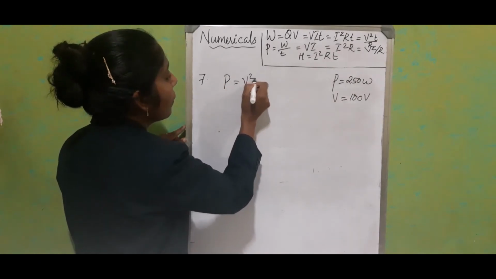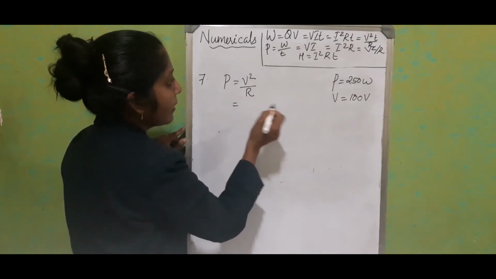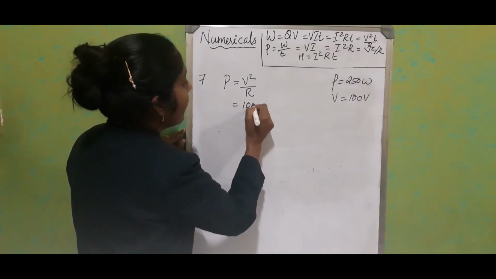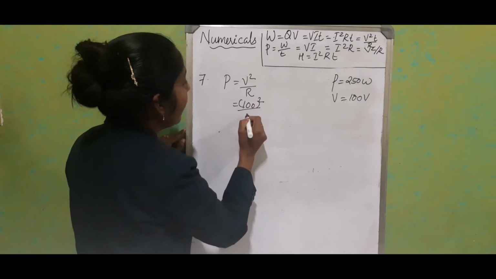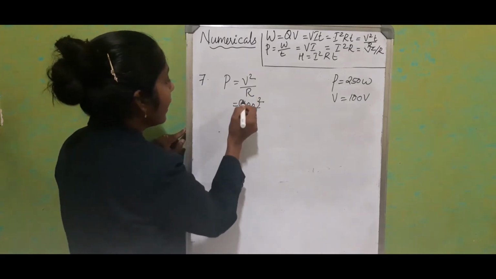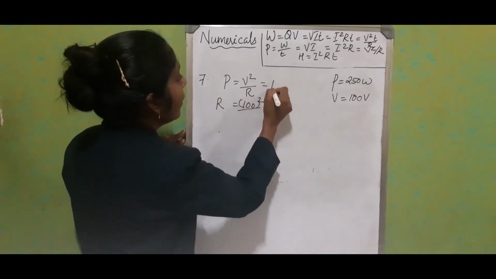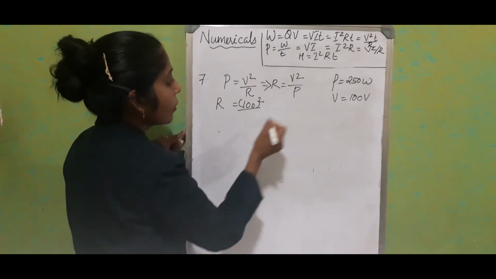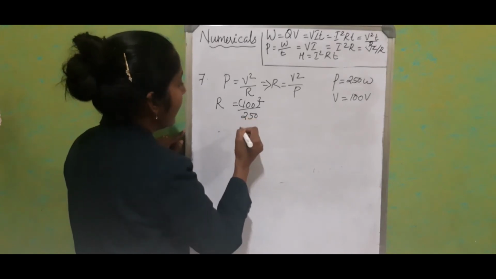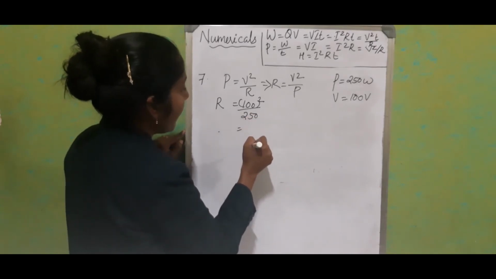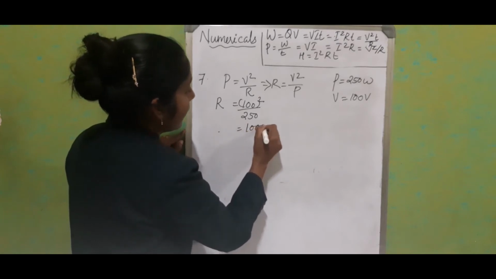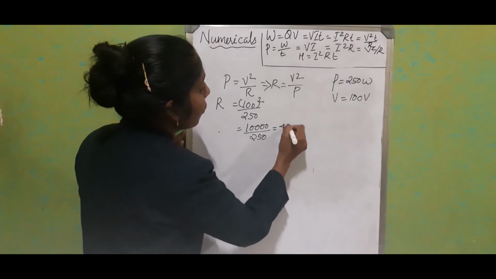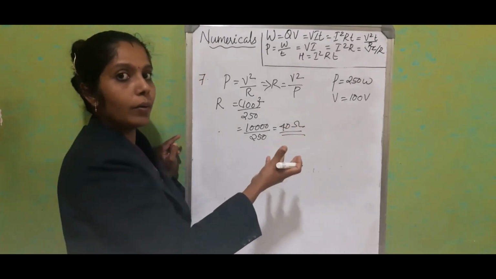P is equal to V square by R. So R is equal to V square by P, that is 100 square divided by 250. When we solve it, we'll get 10,000 divided by 250, which is equal to 40 ohm. So actually we found the second part first.